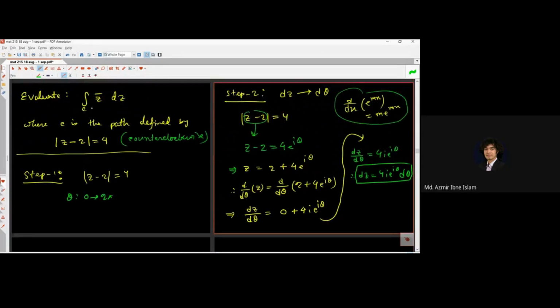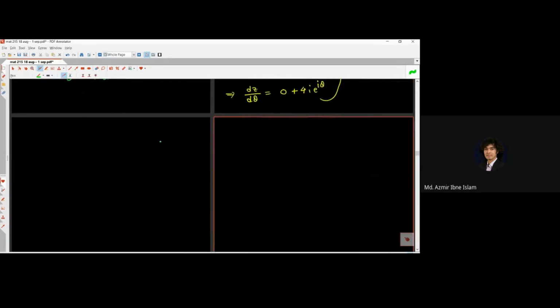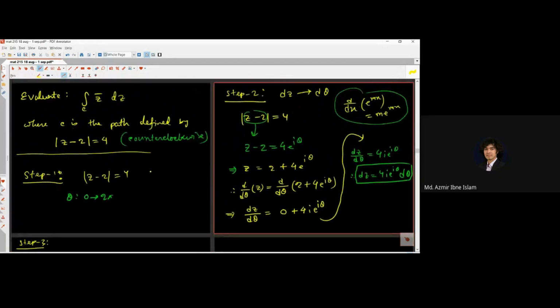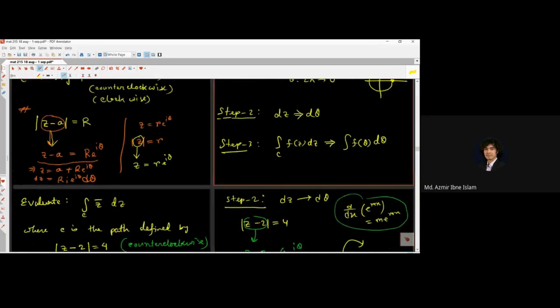So here we have the integration of z bar dz. Try to understand. Here we have z bar. So step 3 is to convert this given integral to f of theta d theta form, so that we can use our basic integral skill.